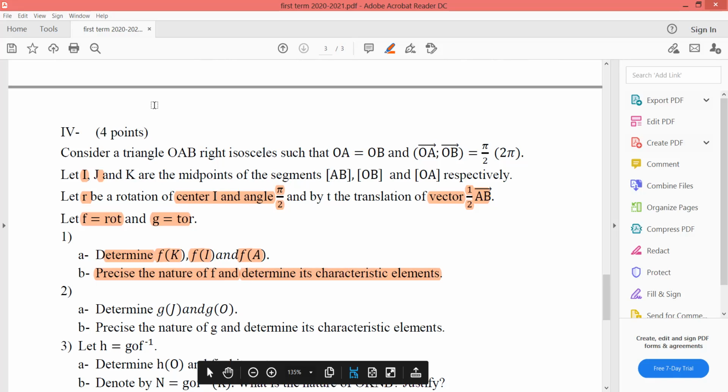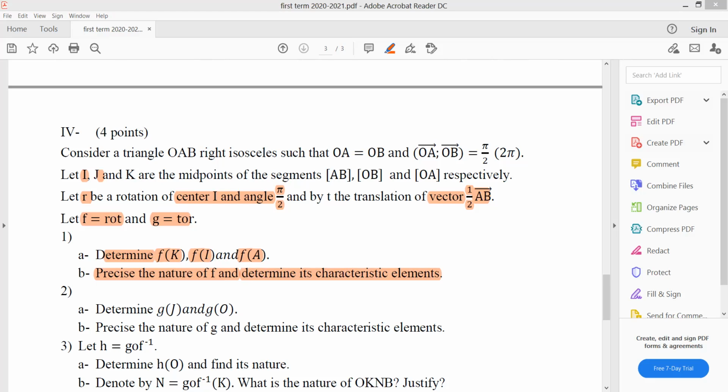To know the center, we say like that. Here we have determined that f of k equals k. So k is invariant by f. So f is a rotation with center k and angle pi over 2. So f equals r round t.